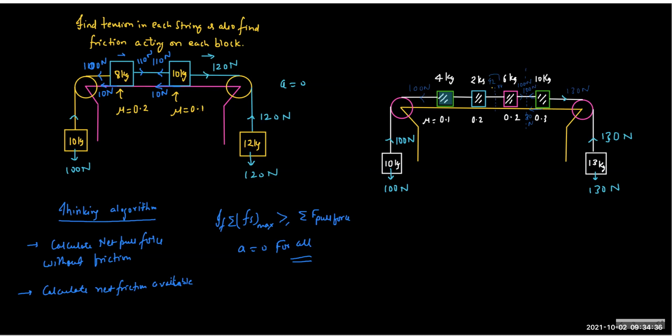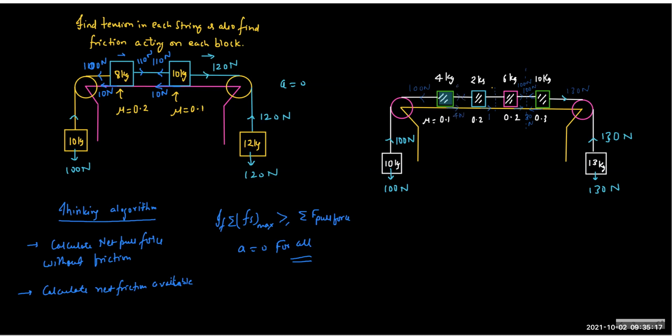92 will have the upper hand, so the tendency will be left, and so the 2 kg will have a friction force acting of 4 Newton. So now the tendency is to go left. This string will go left, friction will act this way. This is 92, and this is 4 Newton.